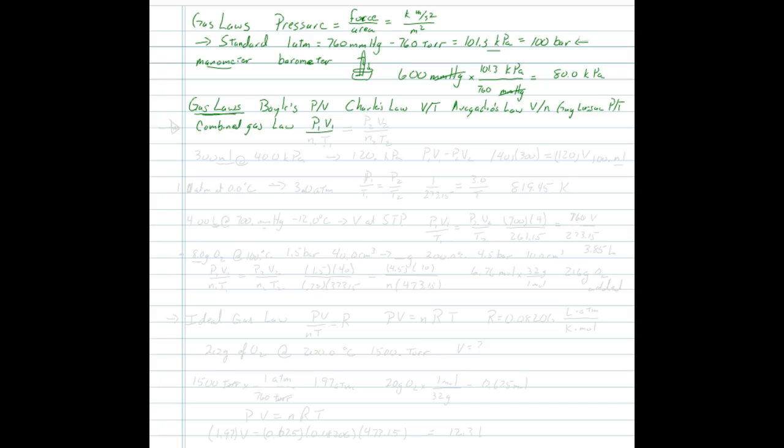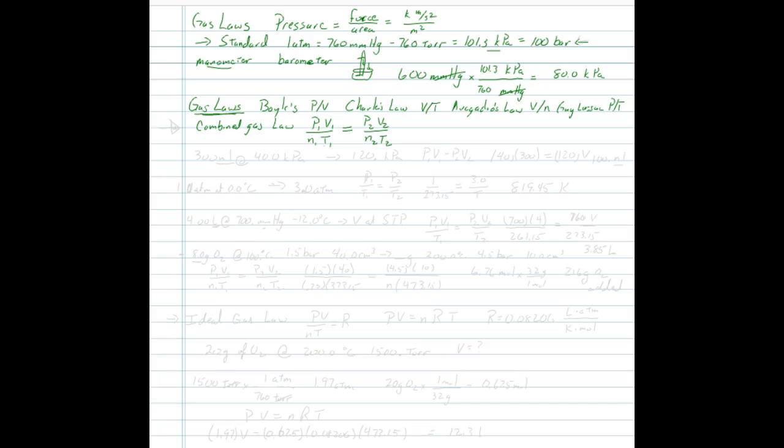P1 V1 over N1 T1, pressure times volume divided by the number of moles times the temperature in Kelvin, equals P2 V2 over N2 T2. So the first set of pressure, volume, moles, temperature is equal to the second set of those.